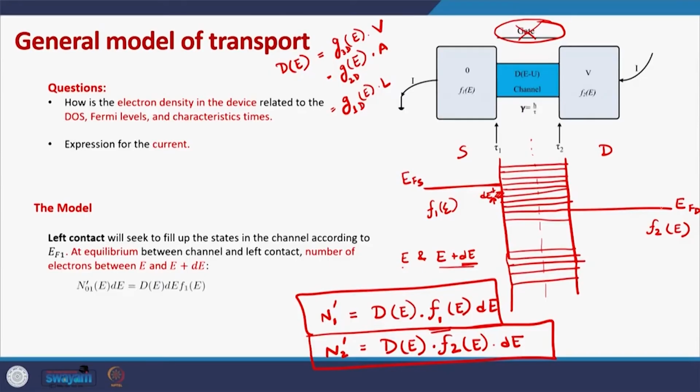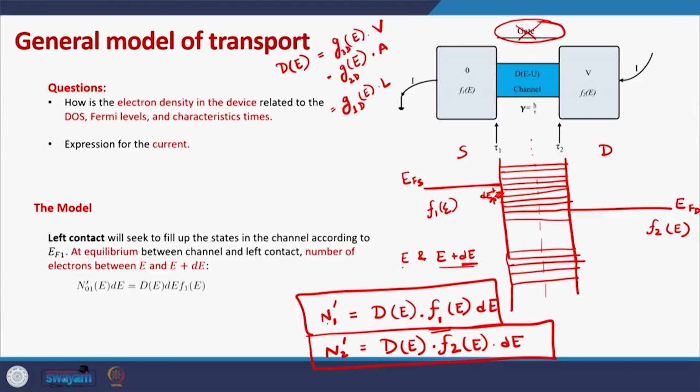So, the electronic population in the steady state, if EFS and EFD are different levels, in that case there will be a net flow of electrons, and the number of electrons in the channel will be somewhat lesser than N1 prime and somewhat more than N2 prime, because this is trying to make sure that N1 prime electrons are there in the channel.